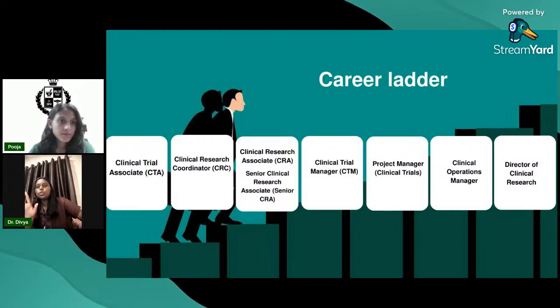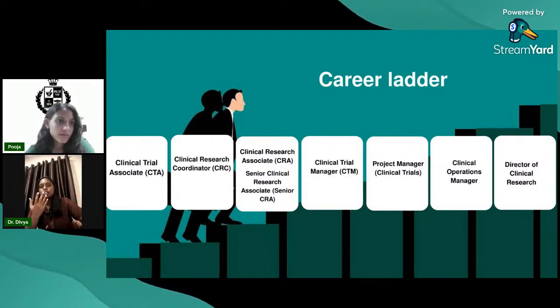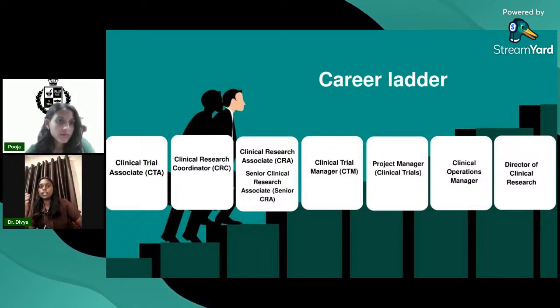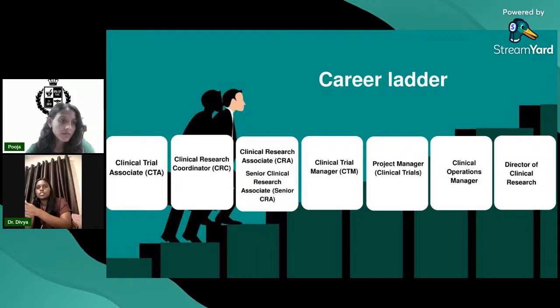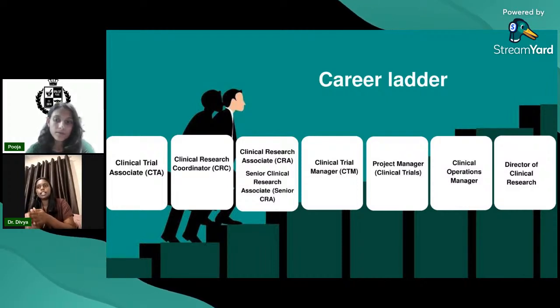Now that we know what these people do and how you will be preparing for that, what will be your career graph? What will you end up becoming? As a fresher, you can enter as a clinical trial associate or clinical research coordinator.